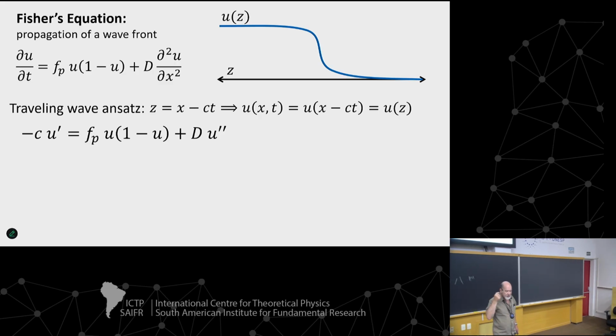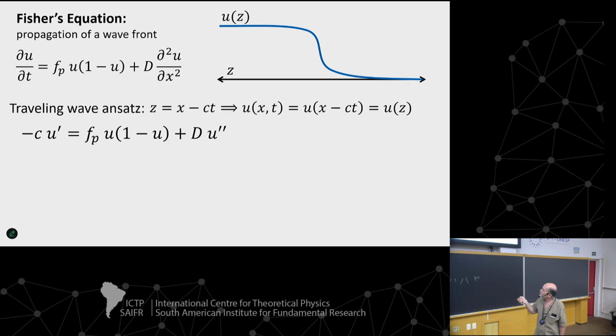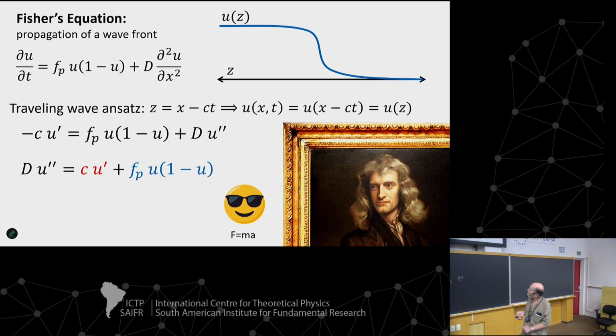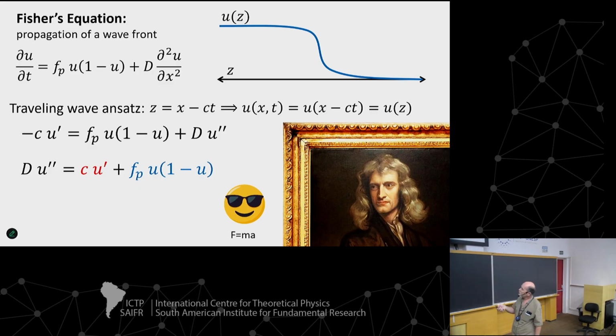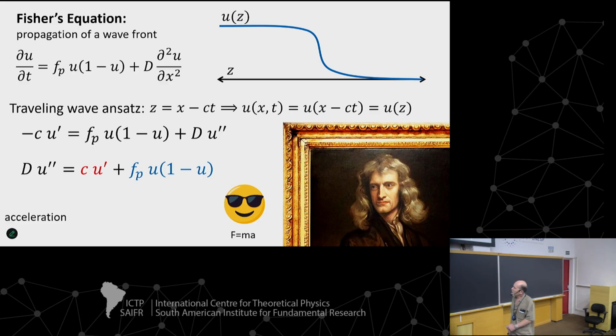And this equation has a mechanical analog that the physicist can't avoid seeing. Do you see it? If we rearrange the terms, U is the coordinate of a particle of mass d moving in a non-linear potential. So this is just Newton's equation with an acceleration of the particle and a nonlinear force.